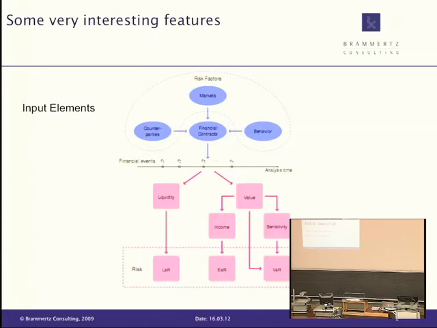Input elements is whatever goes into the computer. So whatever you did last Saturday was concerning input elements, getting contract data, market data, and counterparty data. These were the elements which we mainly were discussing here.